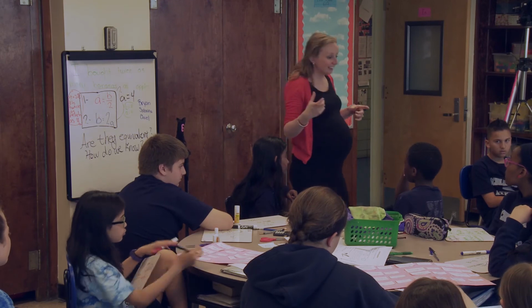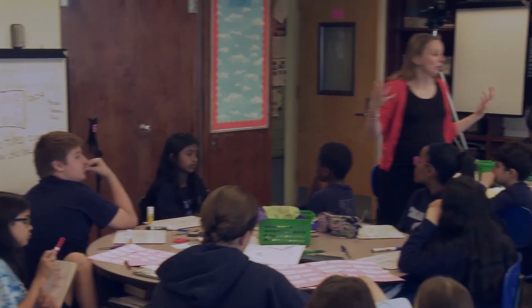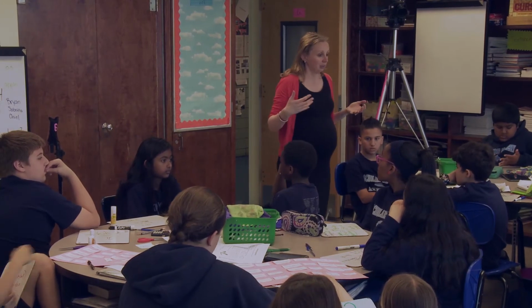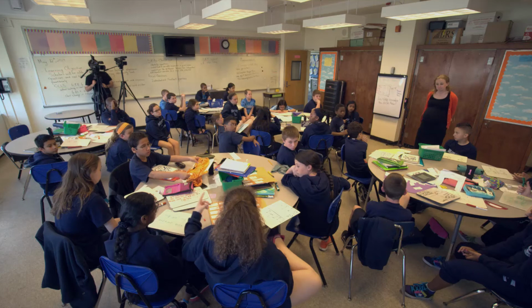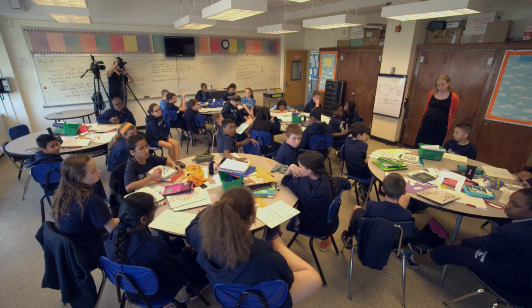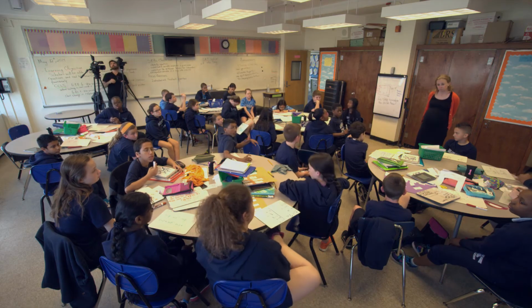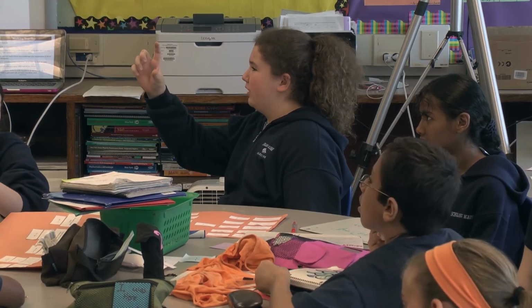Okay? But technically and mathematically, because we were able to prove it, we could show that both of them would work. Yes? We put B equals 2A and we put A equals B divided by 2 in a different color coding.